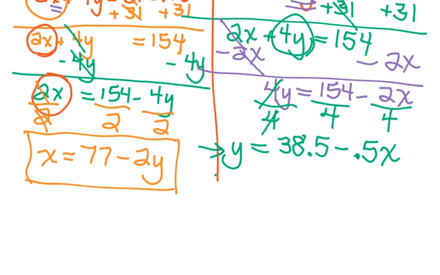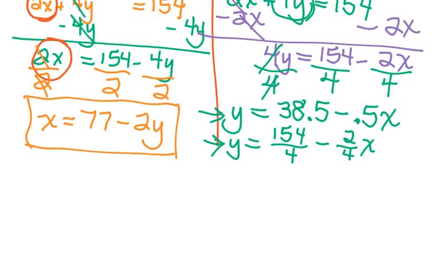I could have left 154 over 4 as a fraction. So there's another way to do it: 154 over 4 minus 2 over 4x. That's another equivalent equation.